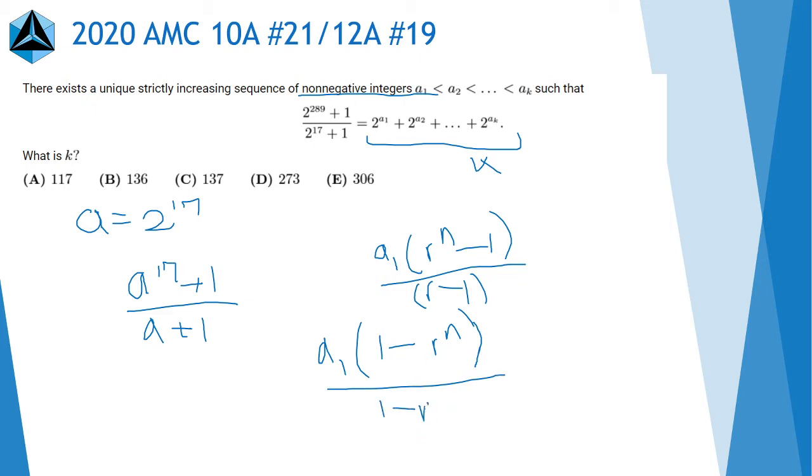And you can see here that this actually looks really familiar. First of all, the initial term seems to be 1. So now we're left with 1 minus r to the n over 1 minus r. And we can see that r is equal to negative a. And it checks out, because then that'll give you 1 plus a to the 17 over 1 plus a. It takes a bit of practice recognizing that, but you can see that it does seem to follow that.